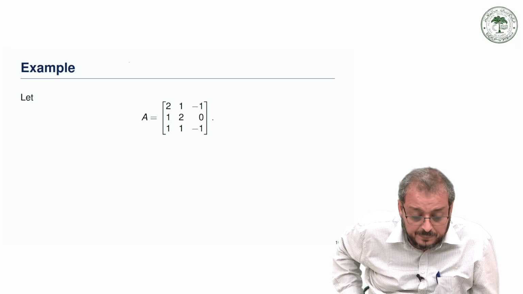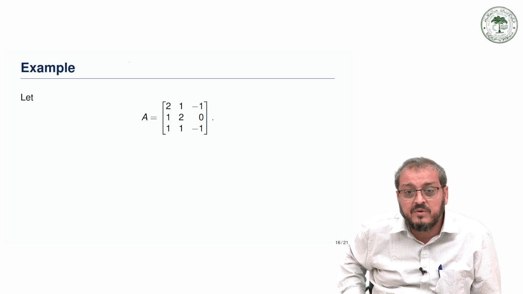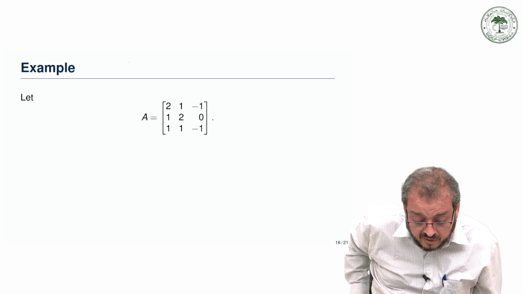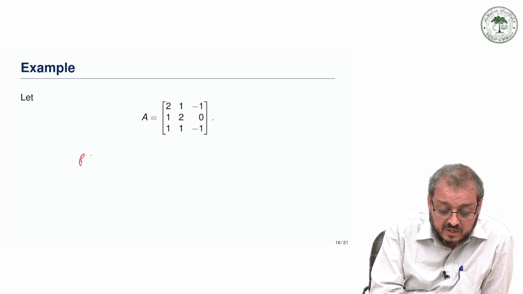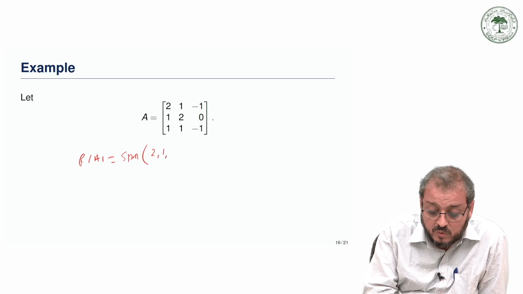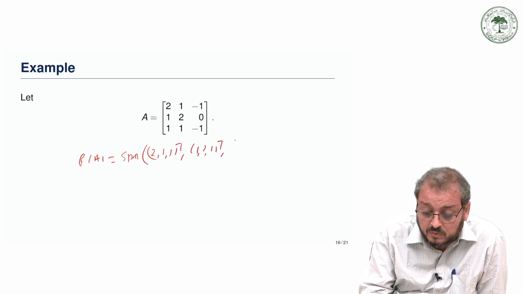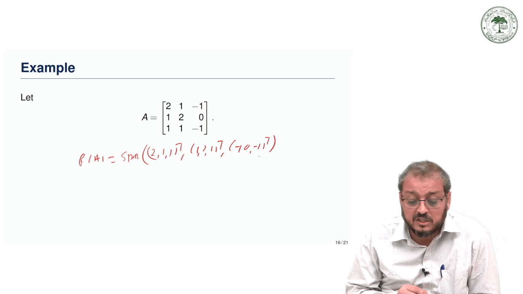Okay, one more example we will try, and if time permits, we can discuss one or two more examples, and then we move to some other topic. Again we take the range of A, which is the span of the column vectors (2, 1, 1) transpose, (1, 2, 1) transpose, and (minus 1, 0, minus 1) transpose.